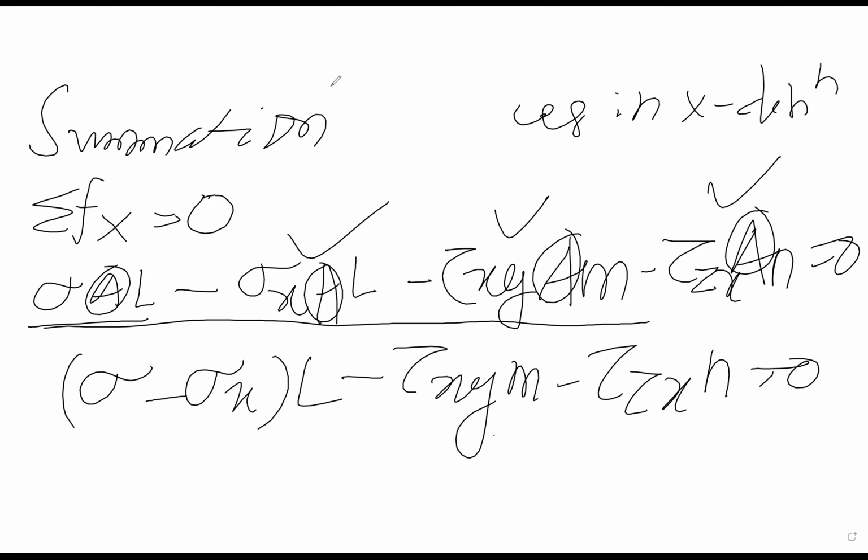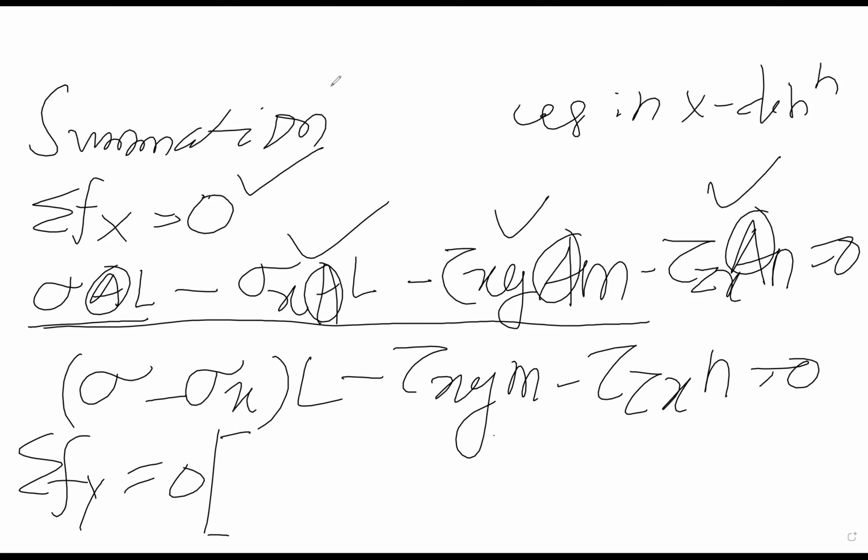Similarly, what we are doing here is calculating the summation of forces in x direction. Similarly, you can go for the summation of forces in y direction also. If you go for the summation of forces in y direction, what will be the result here? The similar result we will find.